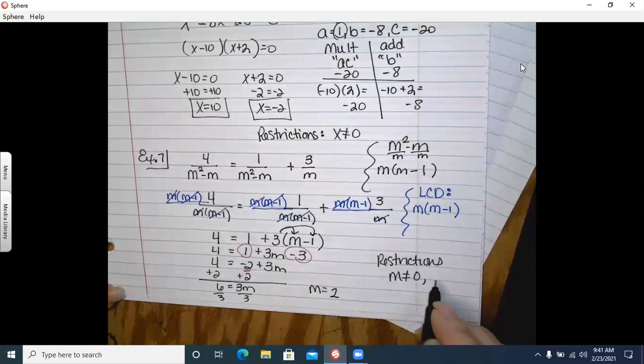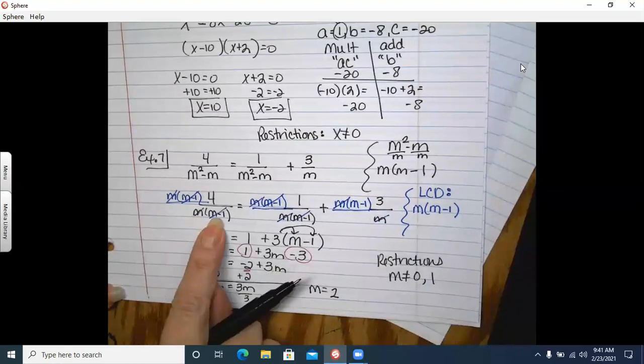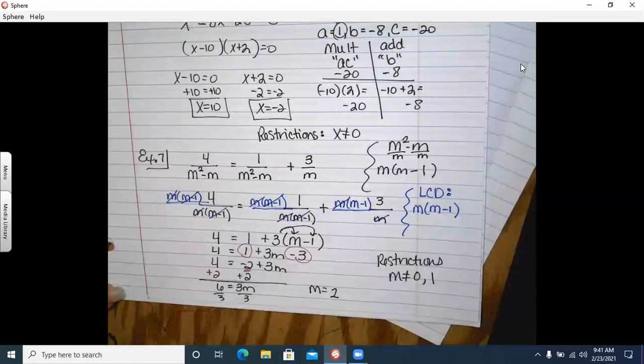One. A 0 from that monomial by itself, and then a 1 because of m minus 1. Is my answer a restriction? Nope, so we're good to go. So that one was less work in the end because you didn't have a quadratic term and a linear term, right?